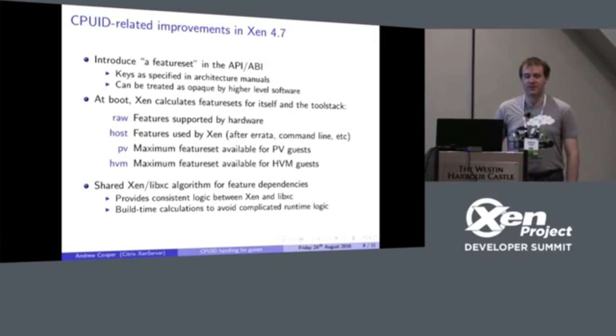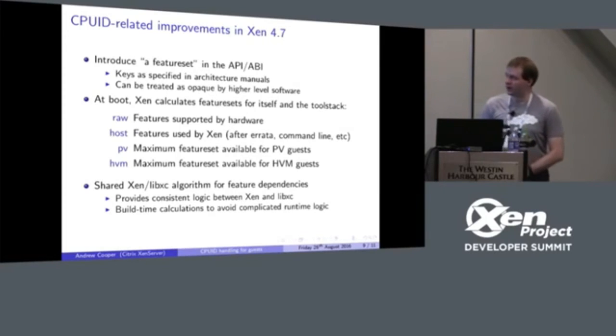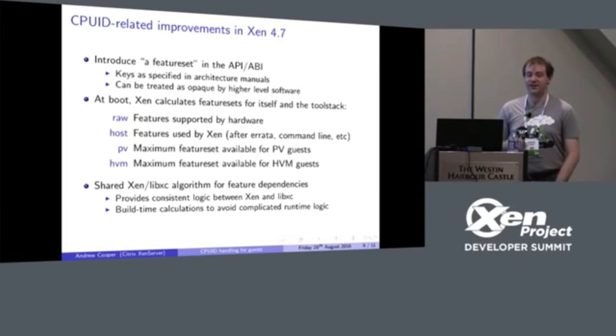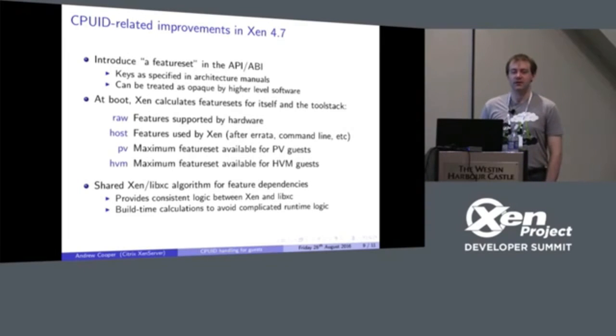So that has been fixed now, so any feature that Xen doesn't know about automatically gets stripped out of the mask. So you are only permitting things we do know about, and the advantage there is it means someone has to go and actively patch Xen to add support for a new feature, which means they need to actually at least think about the implications of doing so.